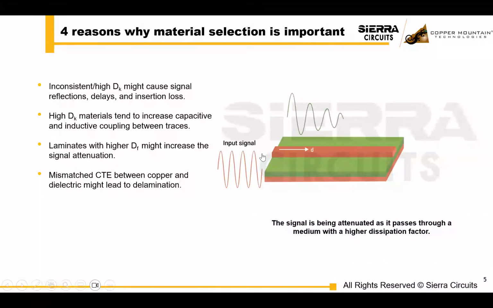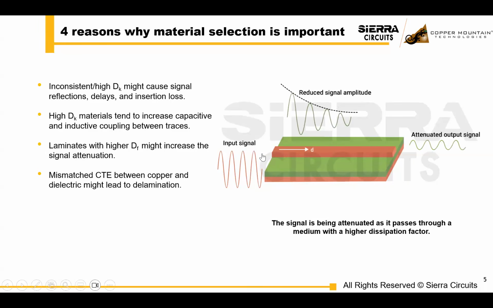And so we're going to talk about material selection first. High dielectric constants tend to increase the capacitive and inductive coupling between the traces. And this means that the traces start interacting more together, leading to crosstalk and noise.